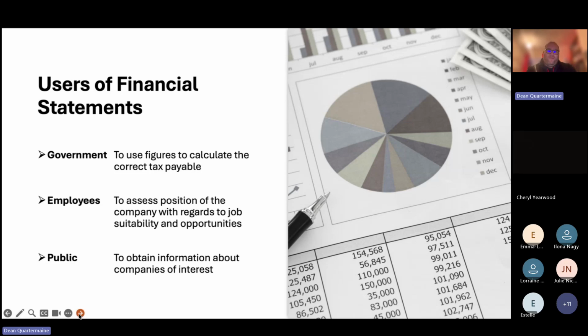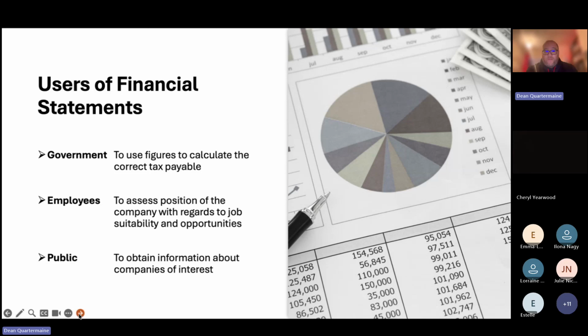And equally, you might look at the financial statements if you're already employed by the business. You might look at that to understand what opportunities there might be for your growth within the company. So if you can see from the financial statements and financial reports that the business is expanding, that could therefore mean increased opportunities for you to expand with the business.